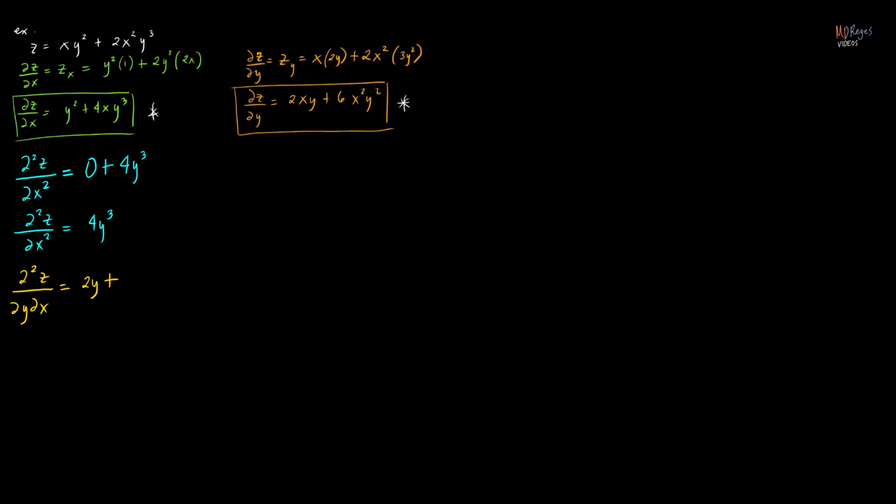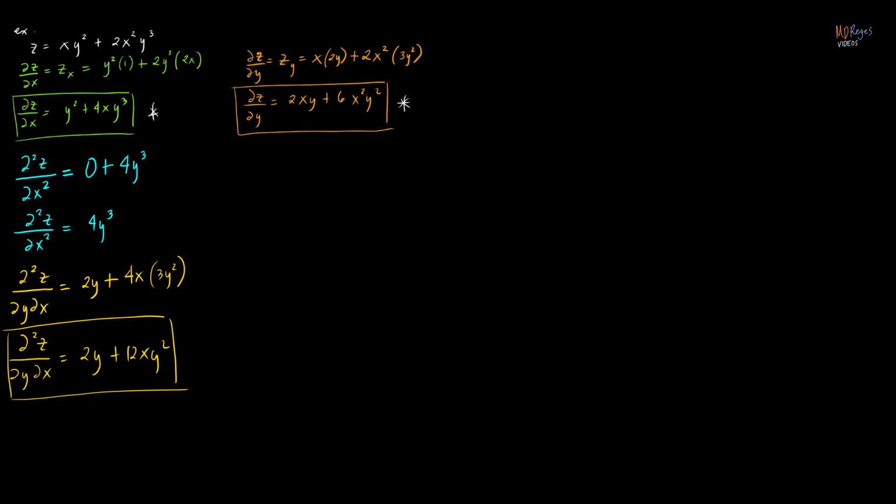Plus, for the second term, we'll take x as a constant, so there's a constant equal to 4x, while the derivative of y cubed with respect to y is 3y squared. So the second partial derivative of z with respect to y, first partial with respect to x, is equal to 2y plus 12xy squared. Forgot to box this.